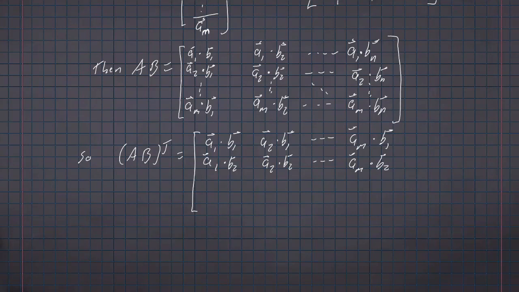Again, it just takes the columns of the first matrix and turns them into the rows of the new matrix. Or alternately takes the rows of the first matrix and turns them into the columns of the new matrix.